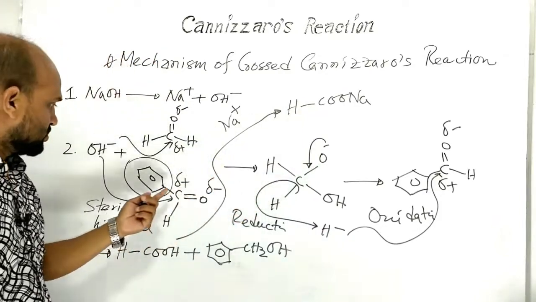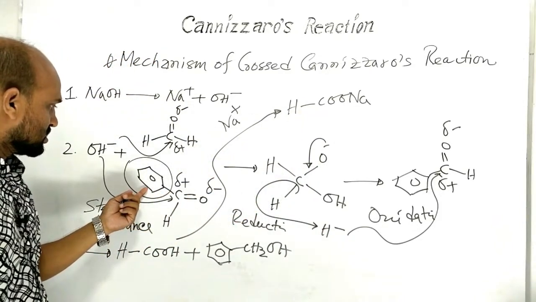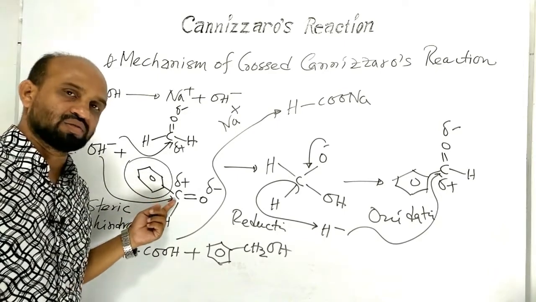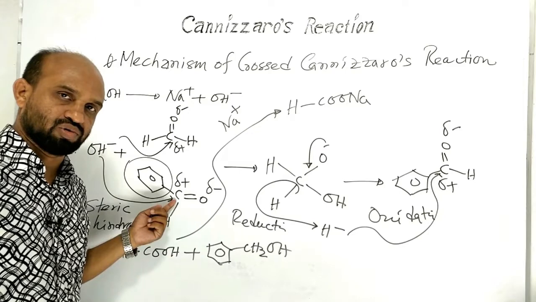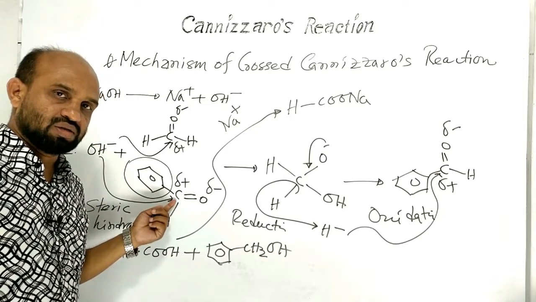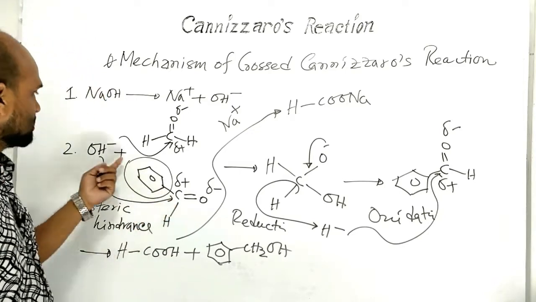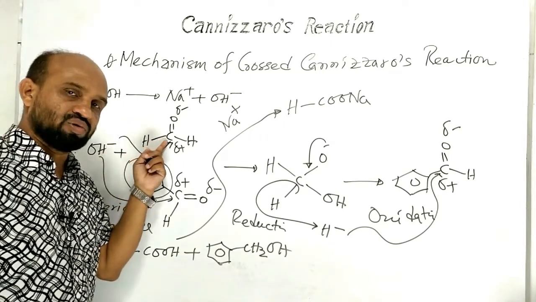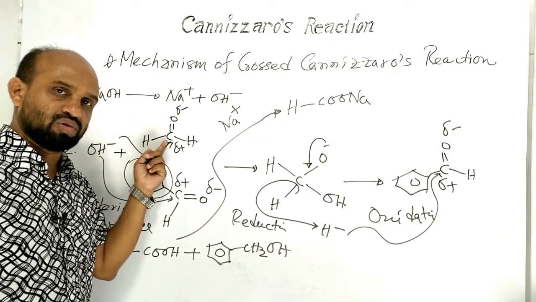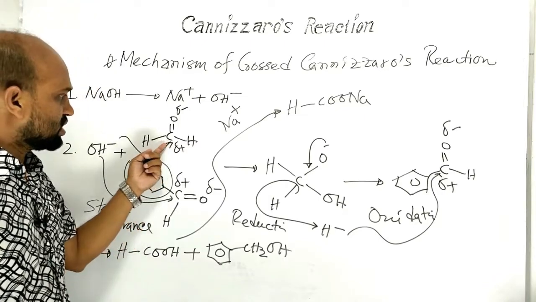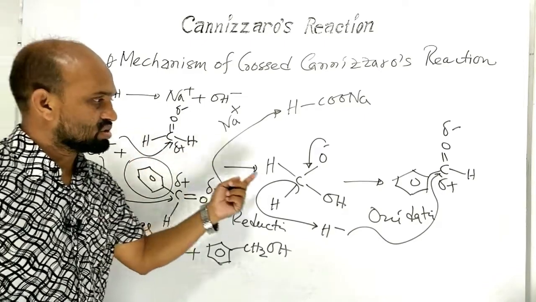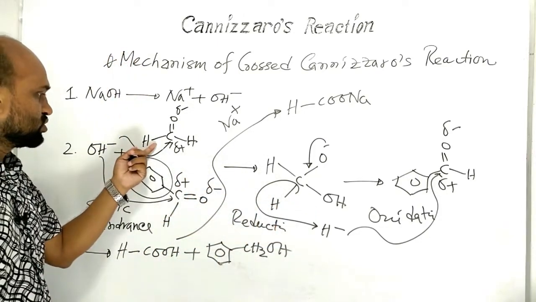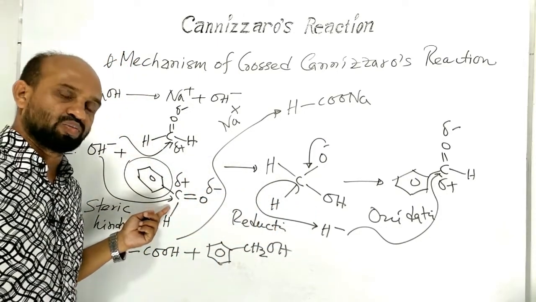So because of the presence of big group, hydroxide ion cannot attack this benzaldehyde carbonyl carbon. But hydroxide ion attacks this carbon, formaldehyde carbonyl carbon. That is why this formaldehyde turns into acid easily, because here no big group, but here big group present.